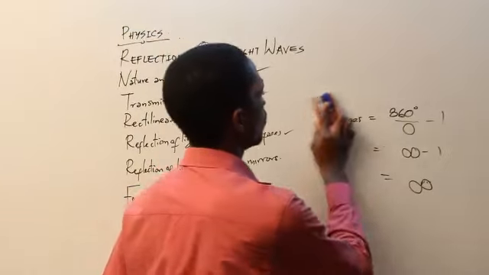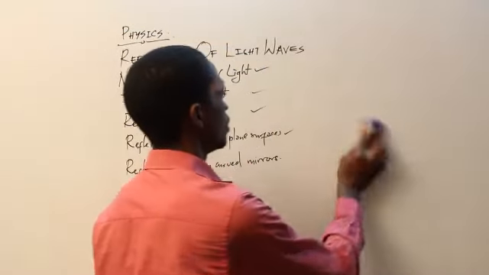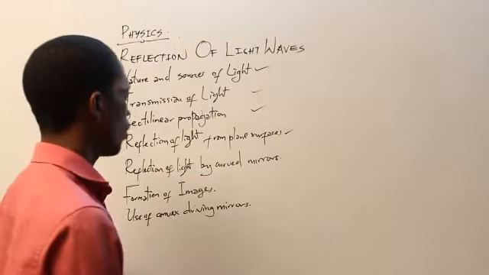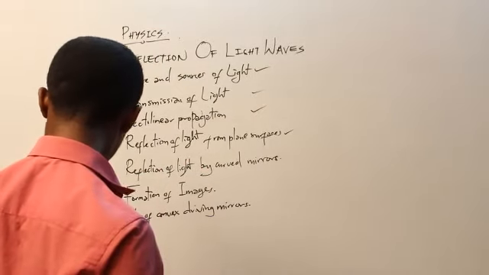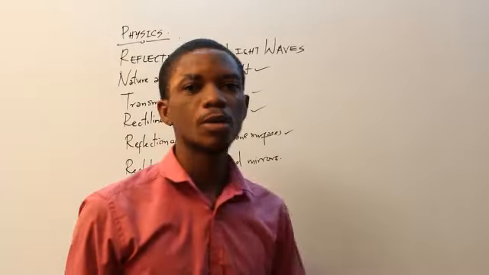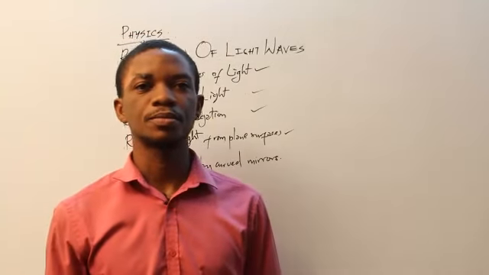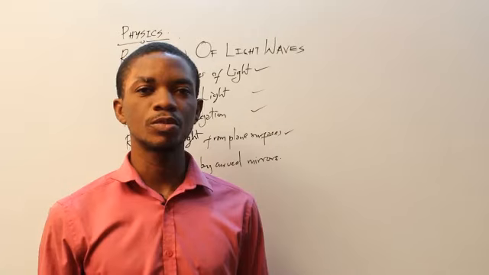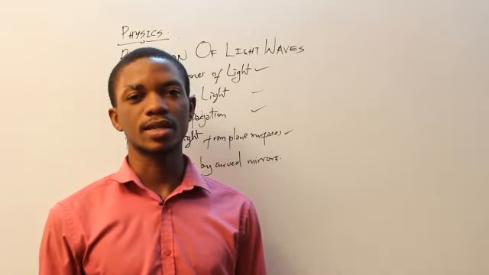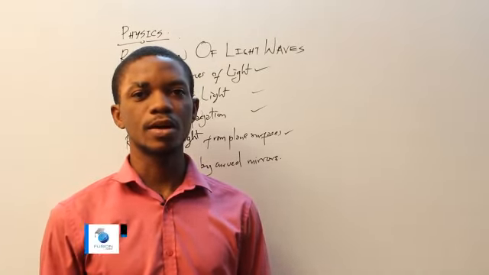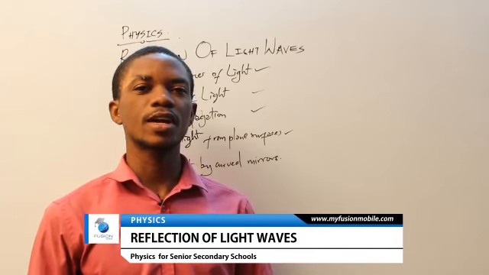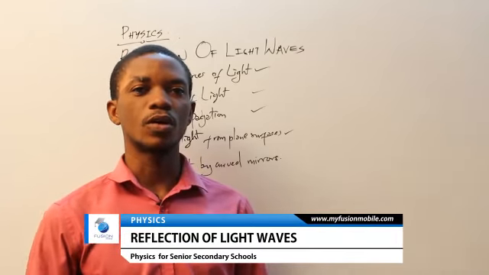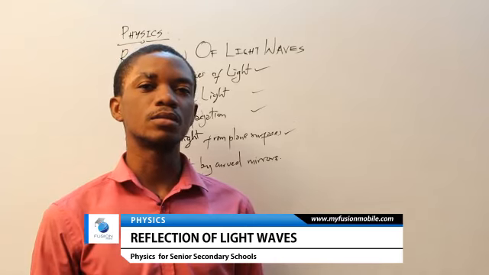So, let's consider reflection of light in curved mirrors. When we talk about curved mirrors, what do we mean? To develop a curved mirror, we get a spherical glass, a spherical glass that has a hole or a hollow in the middle.